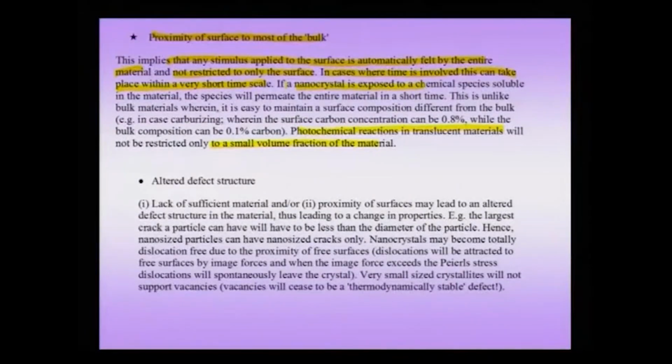If a nanocrystal is exposed to a chemical species soluble in the material, the species will permeate the entire material in a short period of time. This is unlike bulk materials, wherein it is easy to maintain the surface composition different from the bulk composition. And we have seen such an example before, that in the case of case carburizing, the surface carbon concentration can be as high as 0.8%, while the bulk composition can be 0.1%.